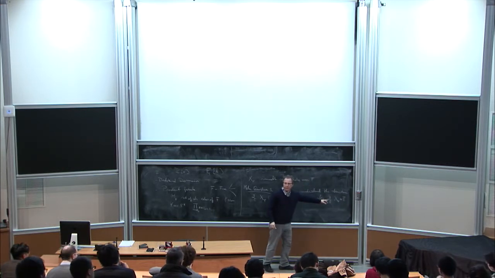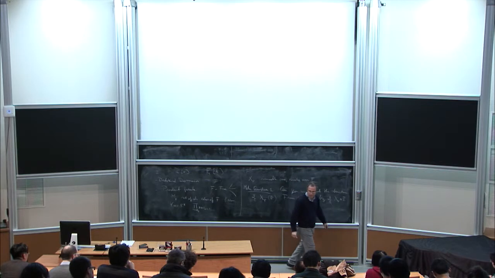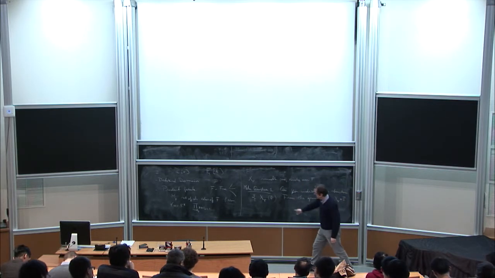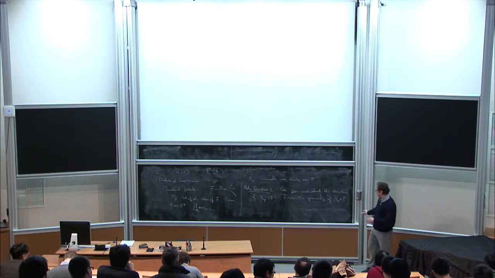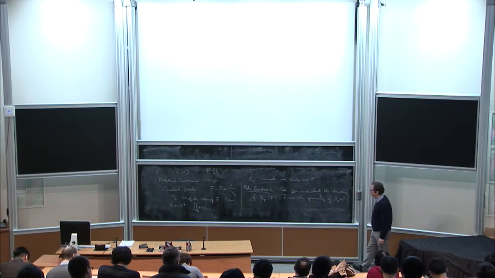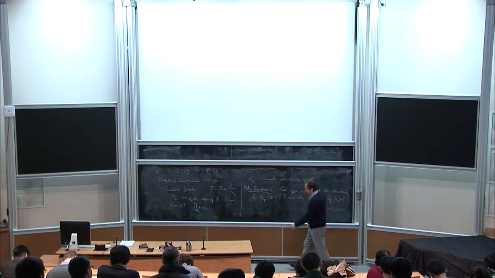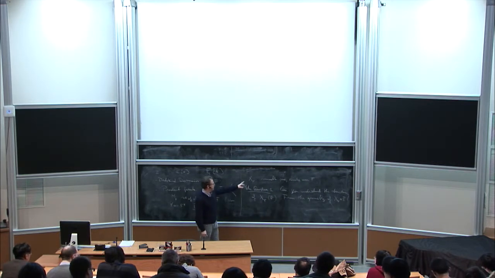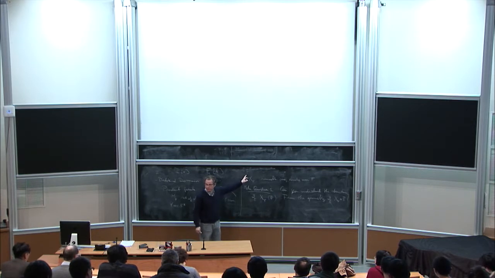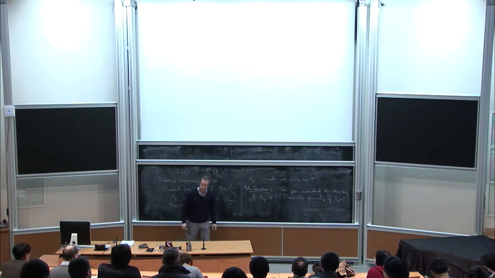So this is a purely geometric object, and you would like to understand the arithmetic of it. And of course, this is a vague question, and as you see, I'm not specifying the field I'm working on.